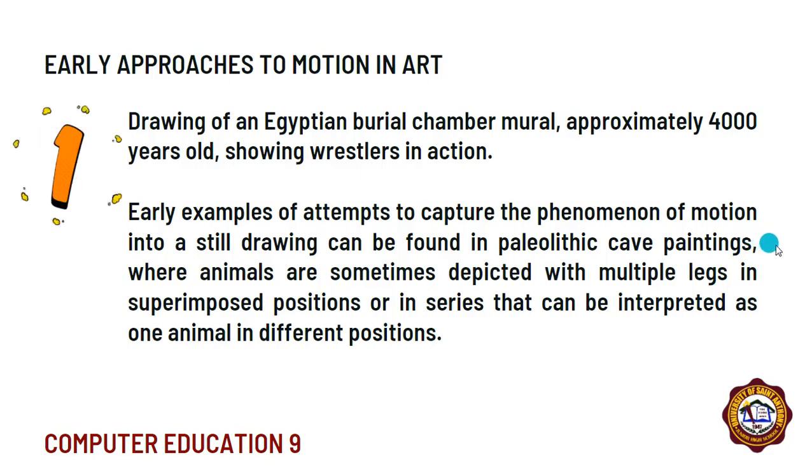Ito yung sinasabi ko, na during the Paleolithic period may mga paintings na nakikita sa mga caves. So, there were animals and sometimes mga tao, no? They were being depicted with multiple legs in superimposed position or in series that can be interpreted as one animal in different positions.